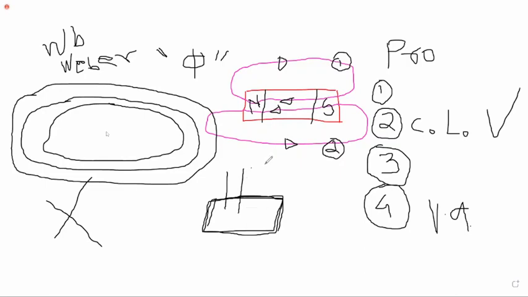But magnetic field lines do pass through these materials. Suppose this is my wood. Wood is a non-magnetic substance. The magnetic field line will pass through the wood, and there will be no effect on that material.